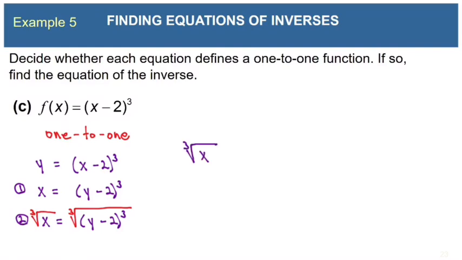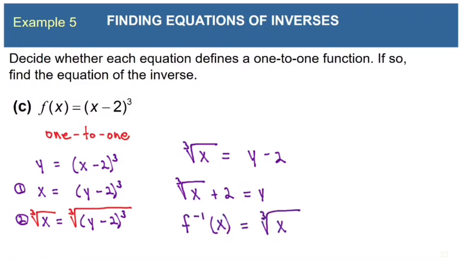So now we have the cube root of x equals y minus 2. And we're still trying to isolate the y, so now we will add 2 to both sides. And y equals the cube root of x plus 2. So now all we have to do to finish it off is replace the y with the f inverse notation. So f inverse of x equals the cube root of x plus 2.